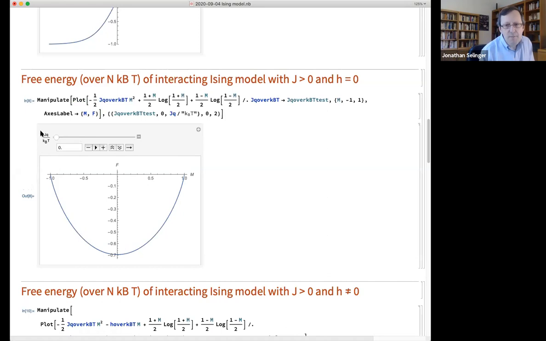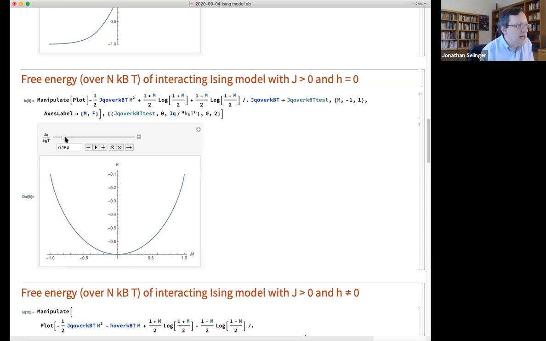When this is 0, the plot is like what you've already seen. That is, it looks like a parabola, and it's easy to know where the minimum is. The minimum is right there at m equals 0. Now, suppose I gradually crank up this parameter Jq over kT.